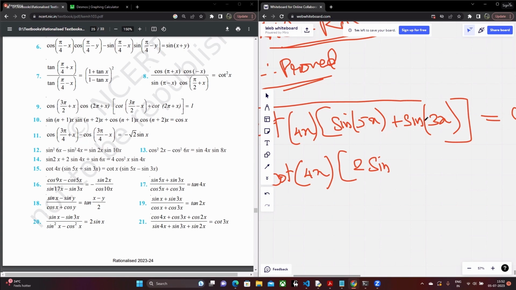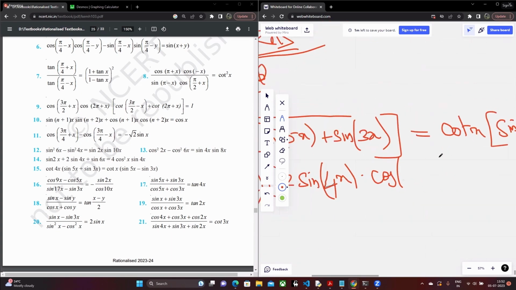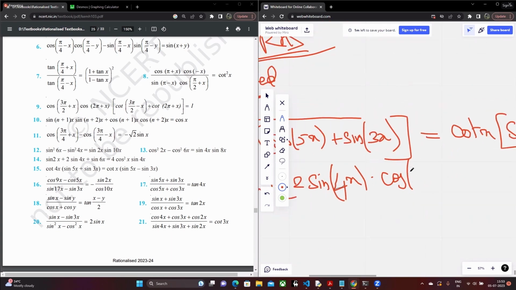And since this is 5 plus 3, I'll basically skip a step. Instead of writing sine of 8x by 2, I'll write this as sine 4x. Right. Into cos of 5x minus 3x divided by 2. That is going to be 2x by 2. That is going to be x.